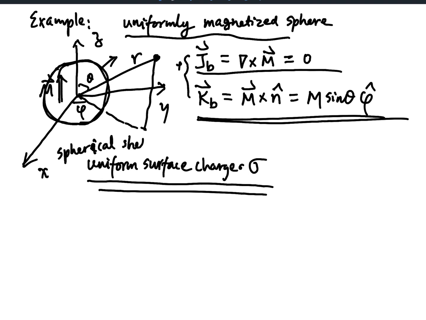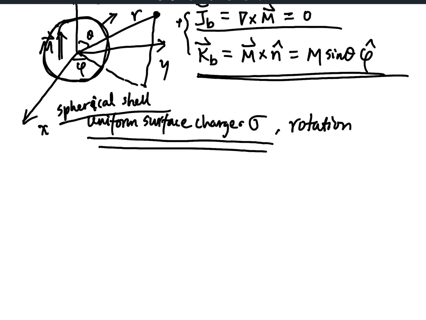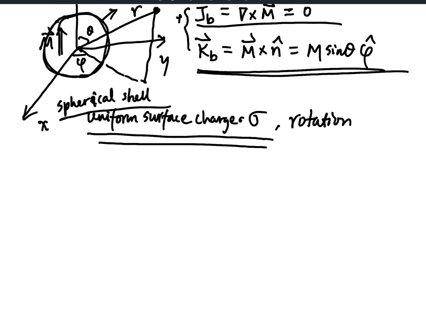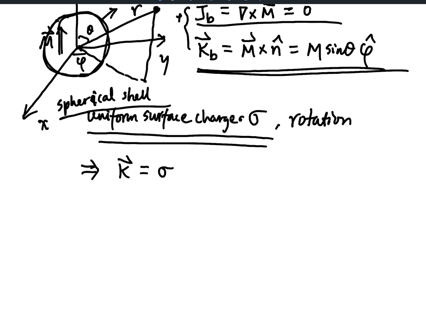It's not a sphere, it's a shell, that has uniform surface charge and is rotating along its axis. If you look at the examples that I showed before, this corresponds to a surface current that has a surface current density, which is the surface charge times the velocity. The velocity is really omega r times sin theta along the phi direction.